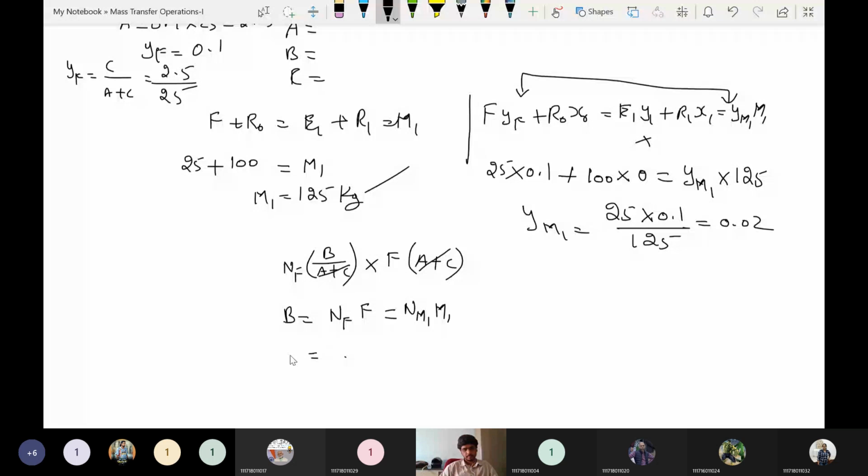What is NM1? This M1 we already estimated. M1 is equal to 125, so this you can cancel out. Then NM1 is equal to 75 divided by 125.